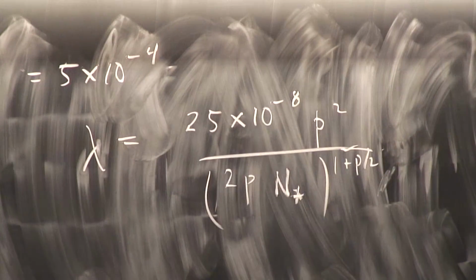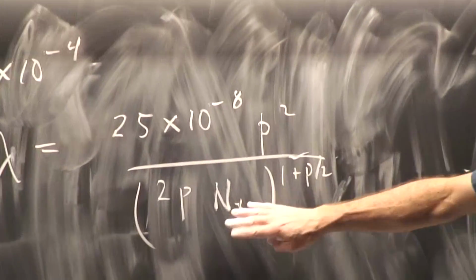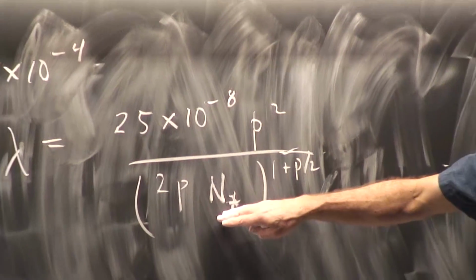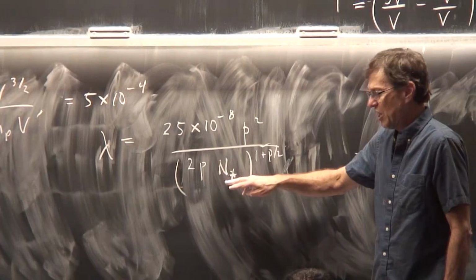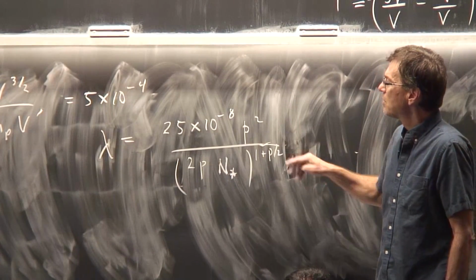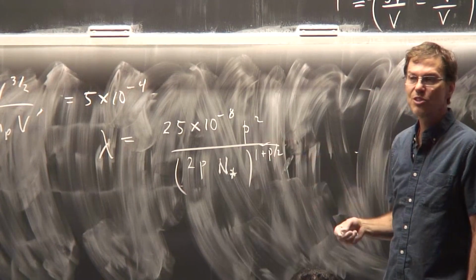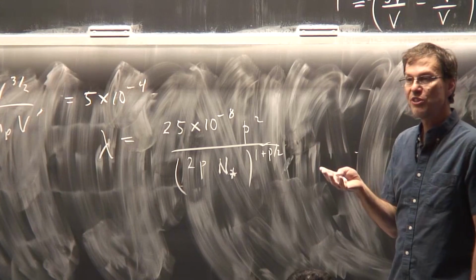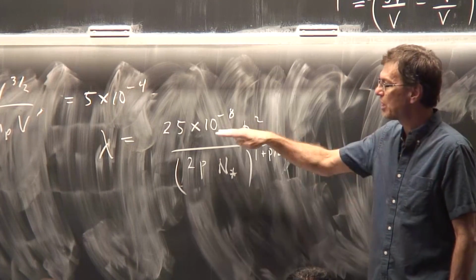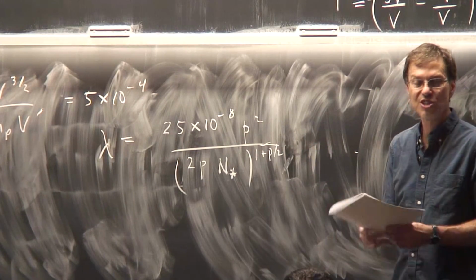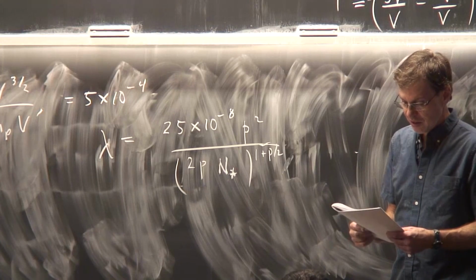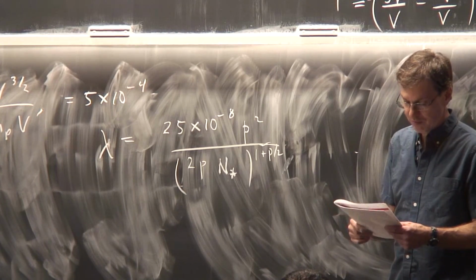What you notice from this is that regardless of whether N star is 30 or 15 or 60, this is a very small number. So that's another general feature of chaotic inflation, that you need to put in some small dimensionless number to get the power to the right level.